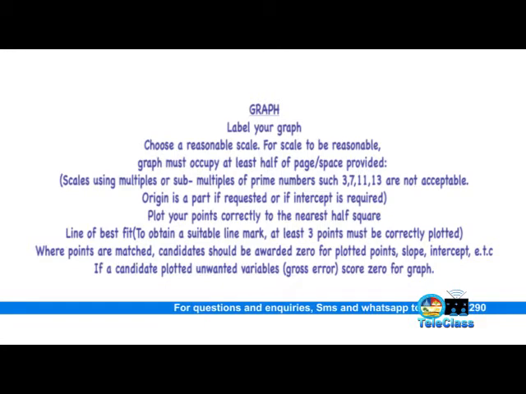Now, after you have done that, the next step is for you to plot your graph correctly, that is, using the values from your table. Plot it correctly. Don't try to manipulate, or do not even try to copy somebody's work, because your values may be different from that person's values. So do not try to look at another person's value and plot.